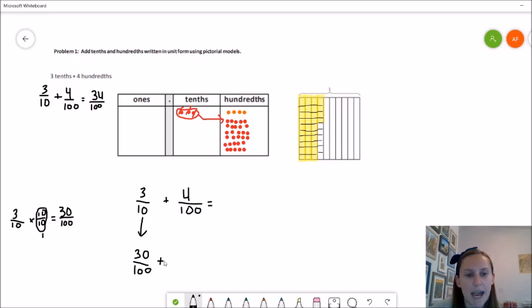Then I would be able to add 30 hundredths and 4 hundredths to get a sum of 34 hundredths. But you can only add fractions if they have the same denominator. So here I had to convert them to have the same denominator and both be in hundredths.